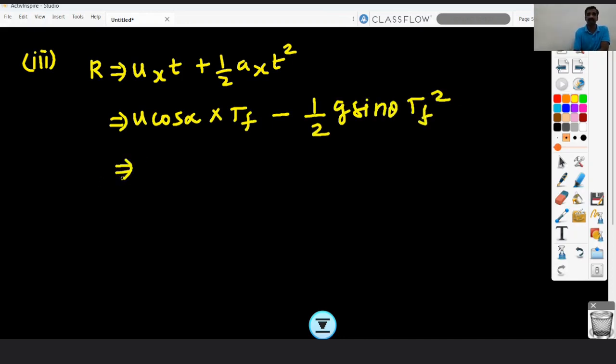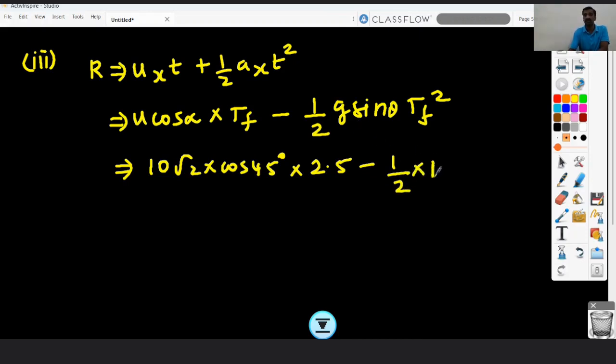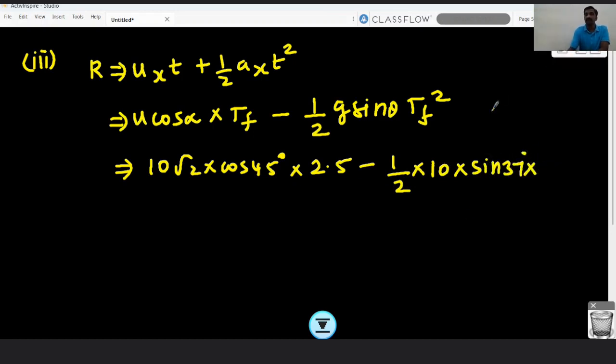So already I told you, you can directly substitute. So u cos alpha, we already found out 10, because u is 10 root 2 cos 45 degree, into tf 2.5 second, minus 1 by 2 into g value 10, sin 37 degree, into tf square, so 2.5 whole square. So now you just simplify correctly.